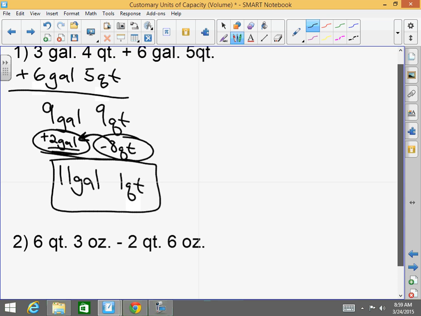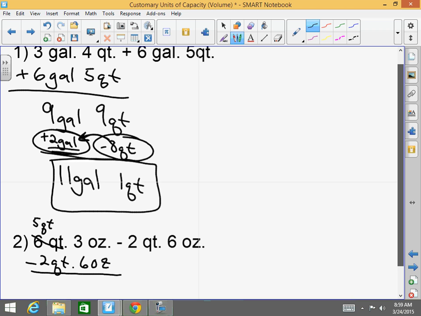Okay, number 2. 6 quarts, 3 ounces minus 2 quarts, 6 ounces. Again, this is not uncommon to us by now. Can I take 6 ounces away from 3 ounces? And these are fluid ounces, of course. So, what do I have to do here? I have to borrow a quart, right? So I'm left with 5 quarts.